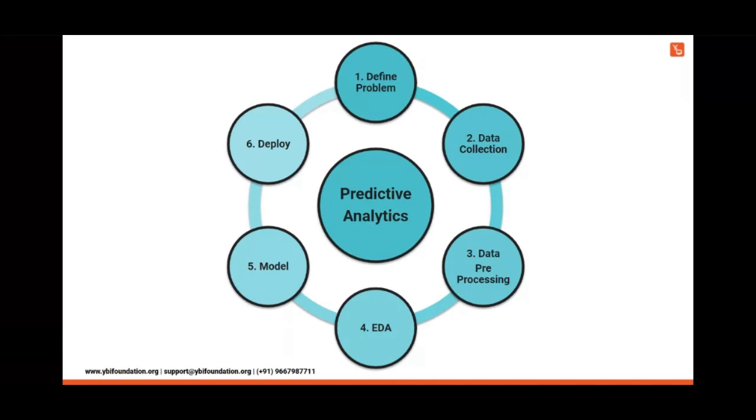In modeling there are multiple steps in between, like we train our model, we fit our model, we look at the model accuracy, we compare the models, we do hyperparameter tuning, and so on. So modeling can be further divided into multiple steps.